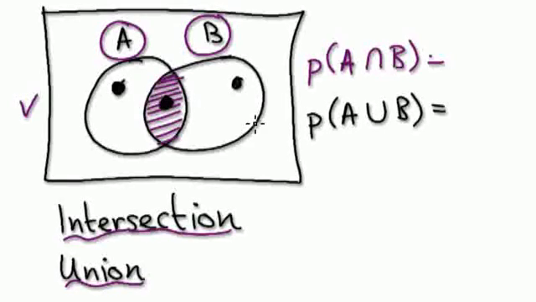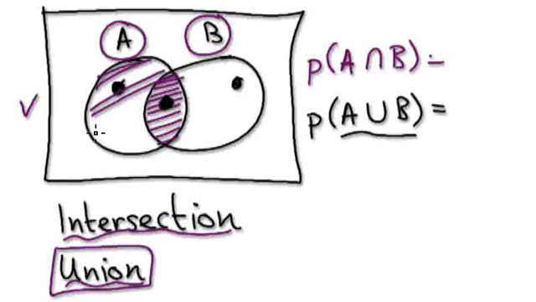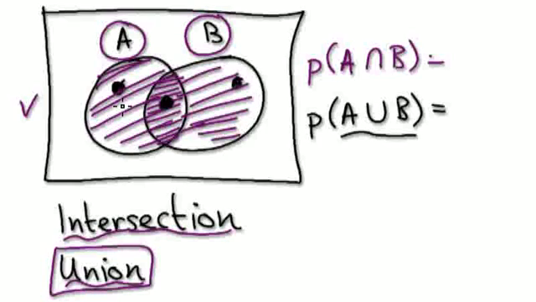So the probability of A or B is the union of the two events. If you want the intersection, it's this bit here. If you want the union, it's all these here.